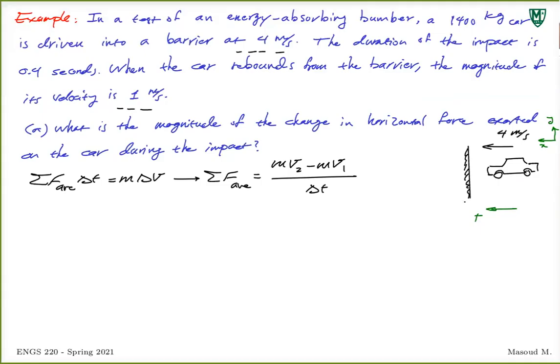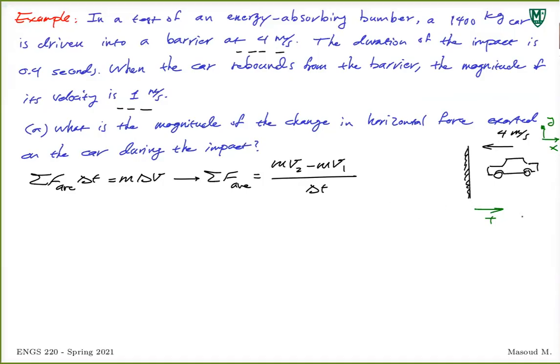Now, if you take it the other way around, right? If you say, well, I don't want that, I want to take this as positive. Then it means that 4 meters per second is negative before impact. And once it hits the barrier, it bounces back with 1 meter per second.